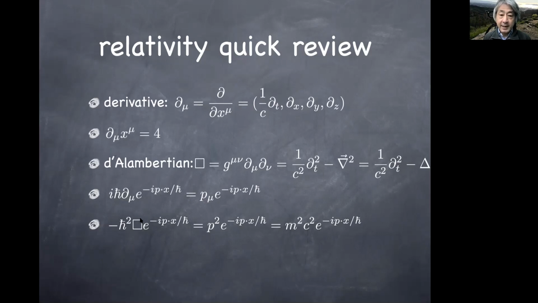So using this Lorentz invariant notation, which is just mechanically adding up the indices between lower index and upper index, you can start building these Lorentz invariant operators, and immediately you find a candidate wave equation to describe a relativistic particle, namely the Klein-Gordon equation. So that's what we discussed so far last week.